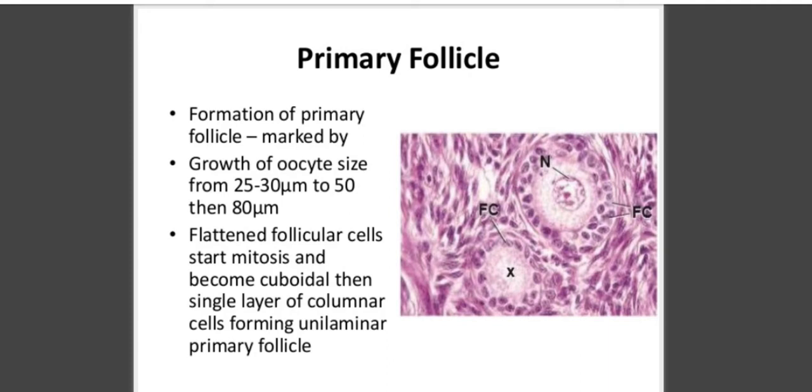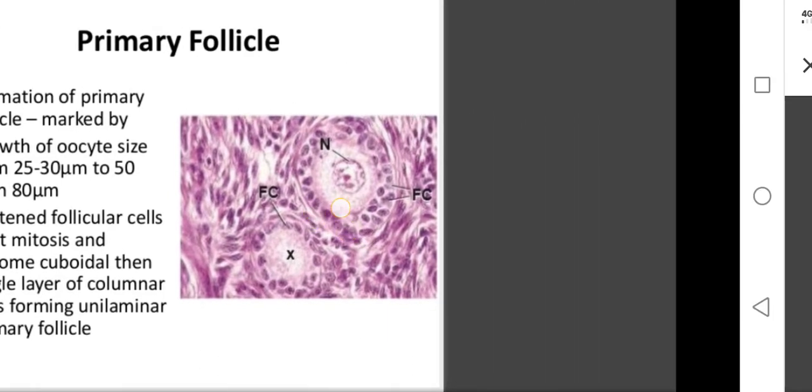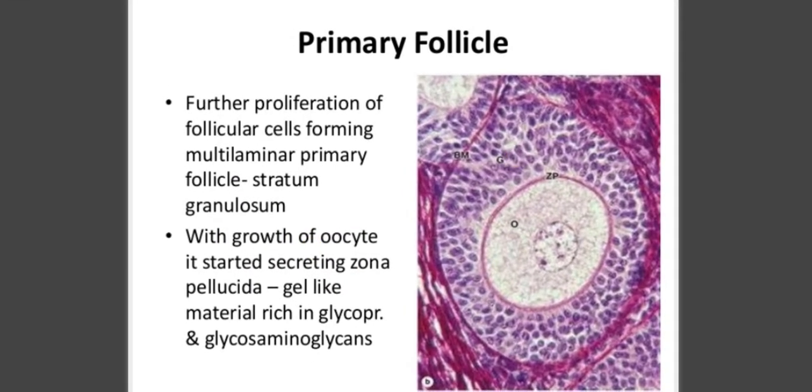The flattened follicular cells start mitosis and become cuboidal, then a single layer of columnar cells, forming the unilaminar primary follicle.